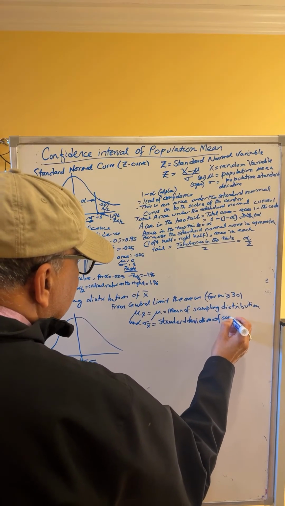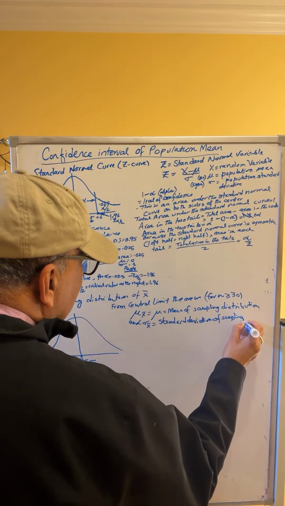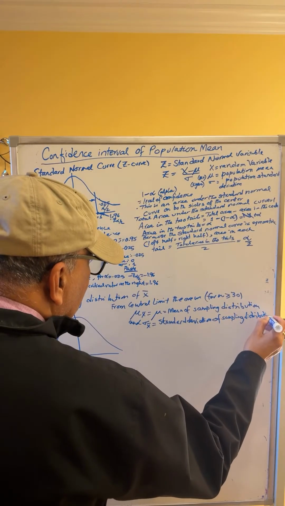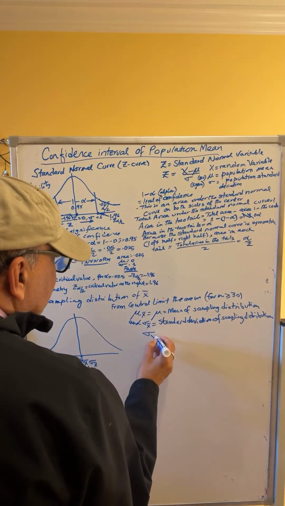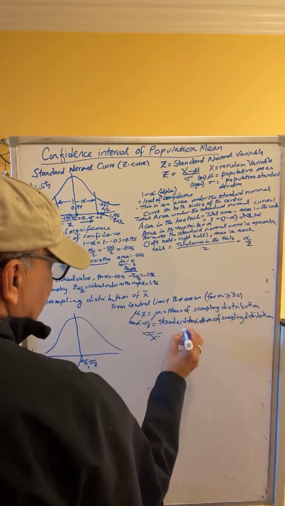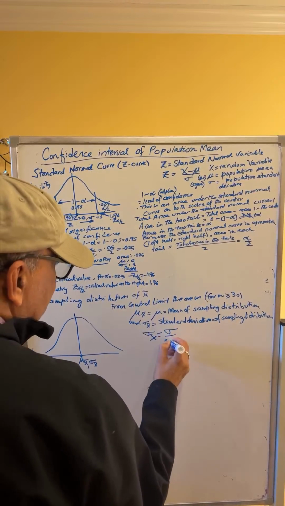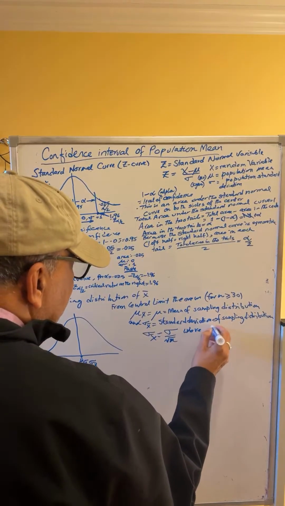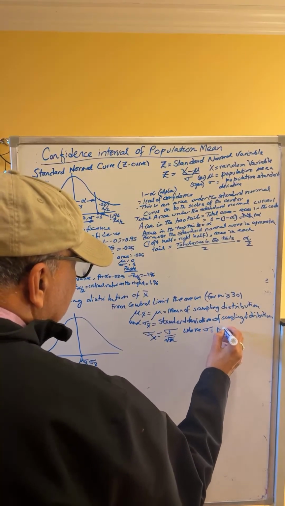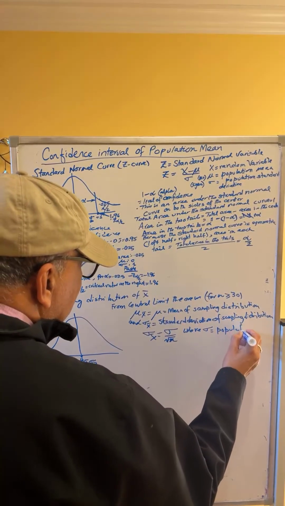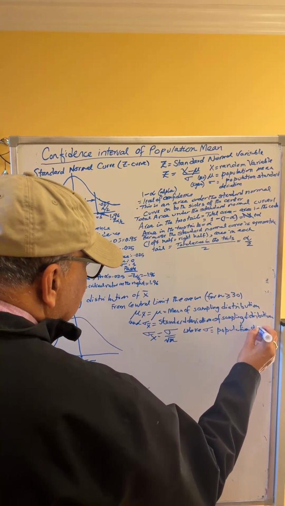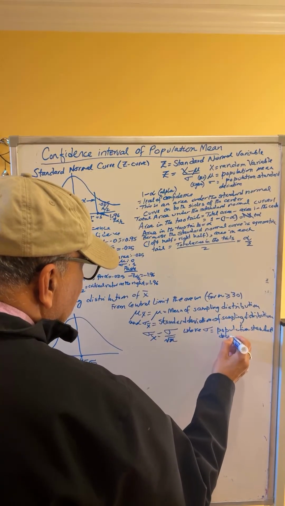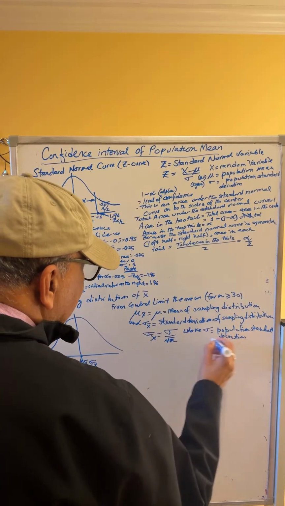From the central limit theorem, sigma x bar is sigma divided by the square root of n, where sigma is the population standard deviation and n is the sample size.